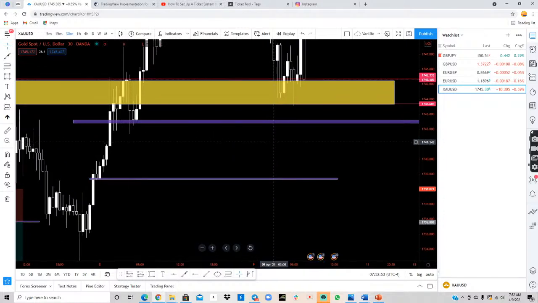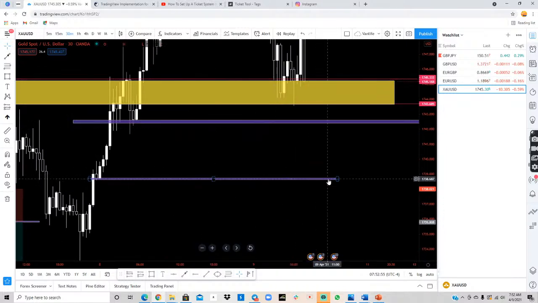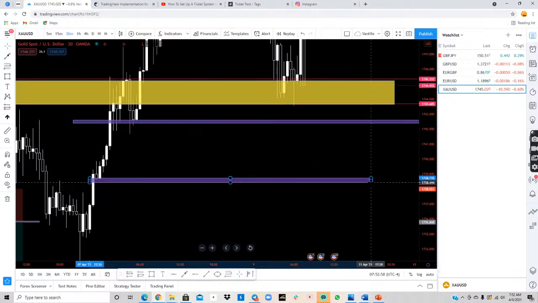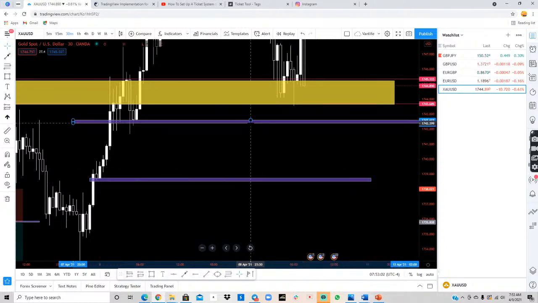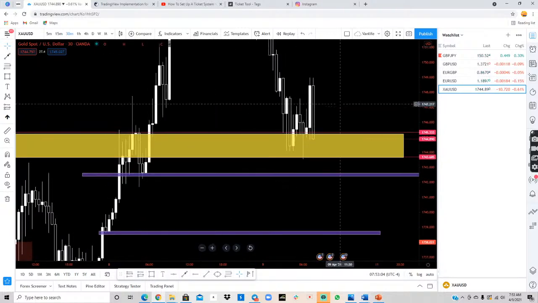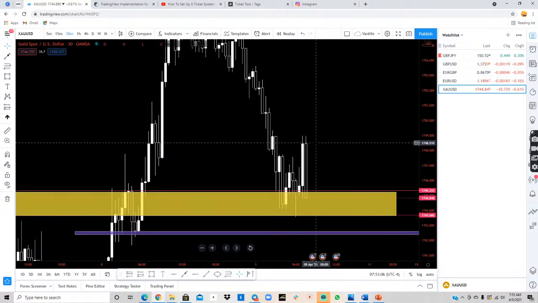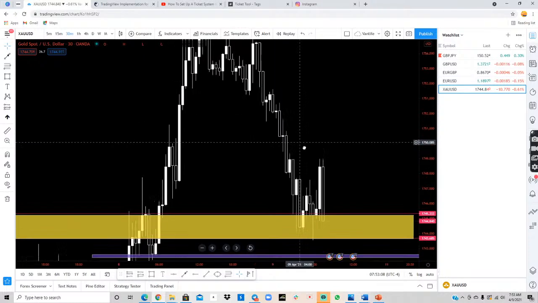Yeah, I think for gold, this is the only area of interest. By just looking at this right now, we would need a candle to close below here. This would be my only area of interest, because to take buys you have resistance, resistance, resistance.